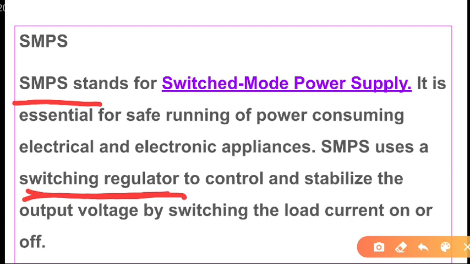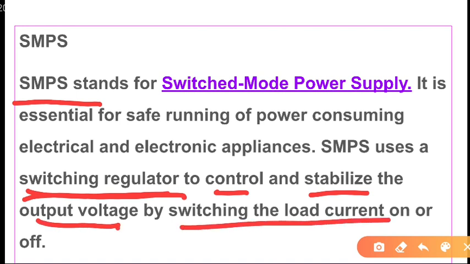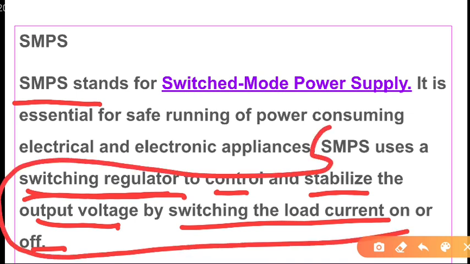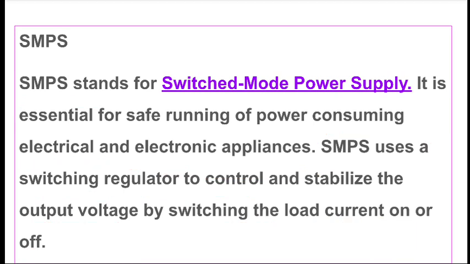I'll show you very soon how an SMPS device looks like. This switching regulator controls and stabilizes the output voltage by switching the load current on or off.